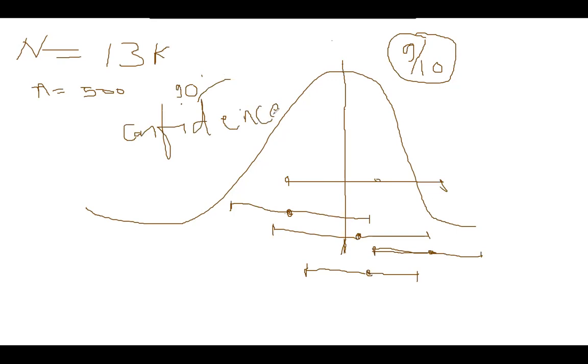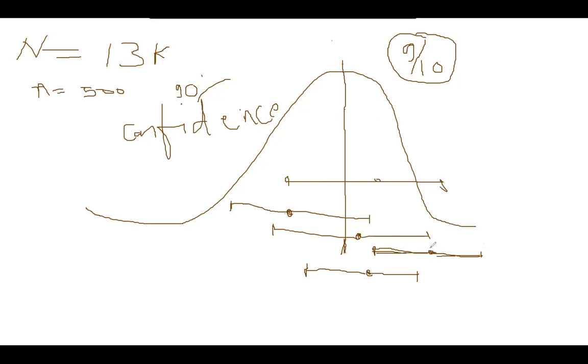I'm still 10% not confident because this incident happened. The risk is still there that whatever sample I take from the 500 students of EWU may not represent the true population mean.